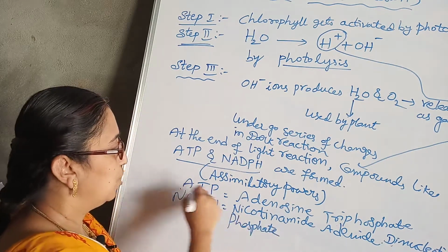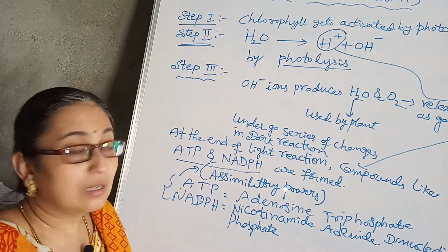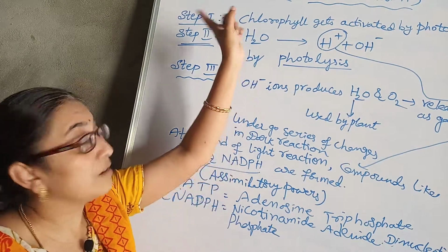So these two are considered the assimilatory powers. Okay, so these are the mainly 3 steps that occur in the light reaction.